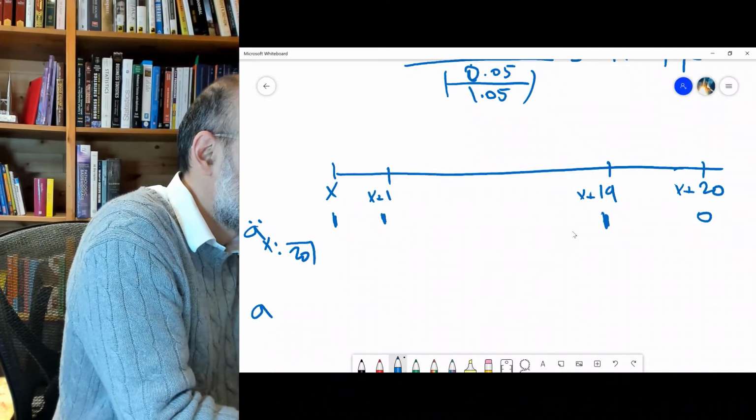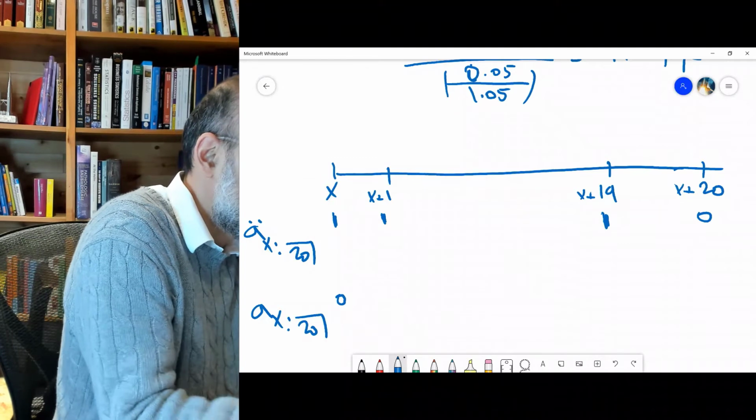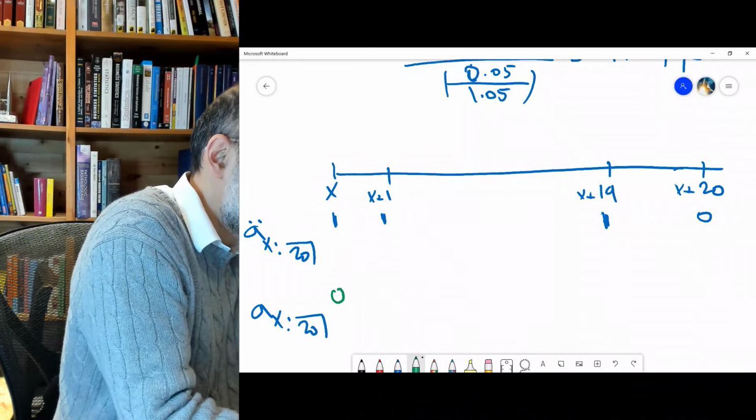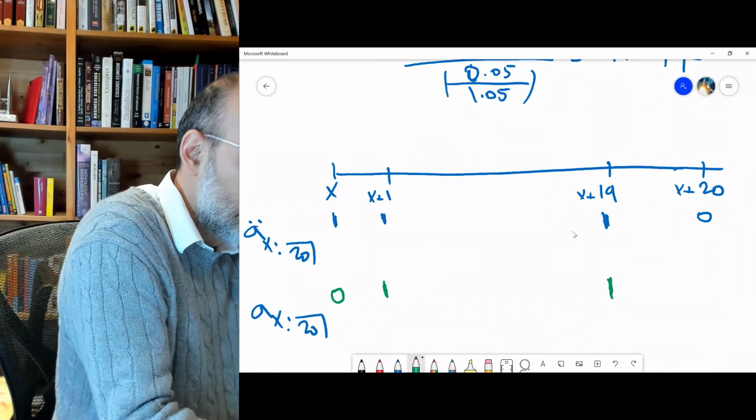But the question is asking us the one without the 2 dots on top of it. This one will give you 0 here, 1, 1, 1.